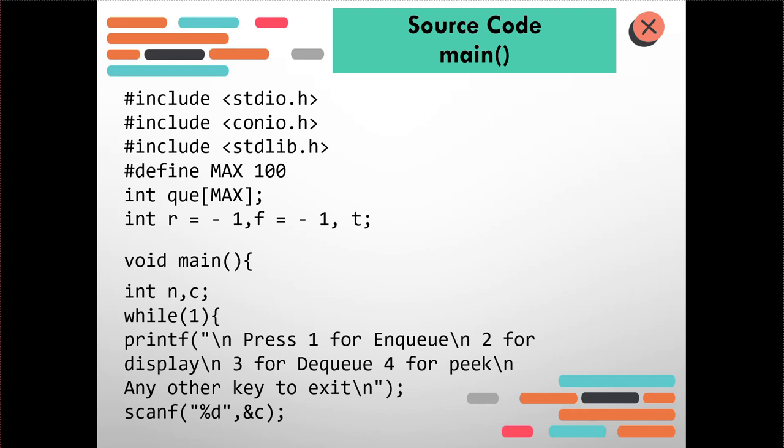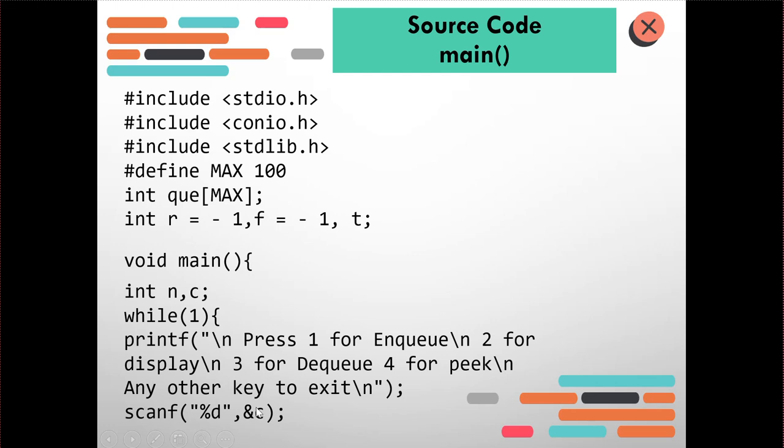So if the user wishes to insert, they will press or input 1, and the same thing they would be doing for other operations like pressing 2 for display, 3 for dequeue, and 4 for peek. If they wish to exit the program, the user is advised to press any other key.